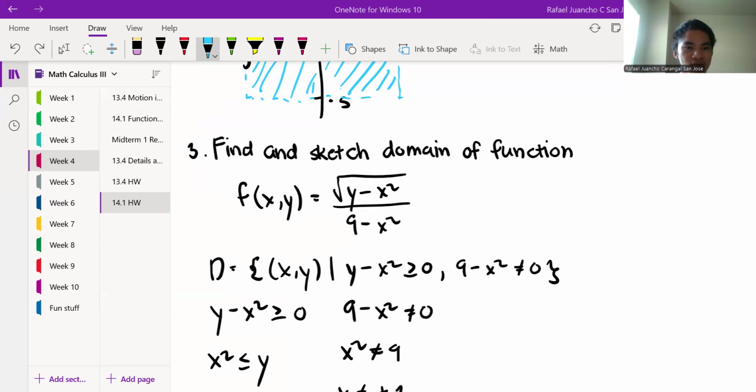Okay. Now we do another sketching. Here we're being asked to sketch the graph, but really we're just evaluating. Here's what I'm gonna do.